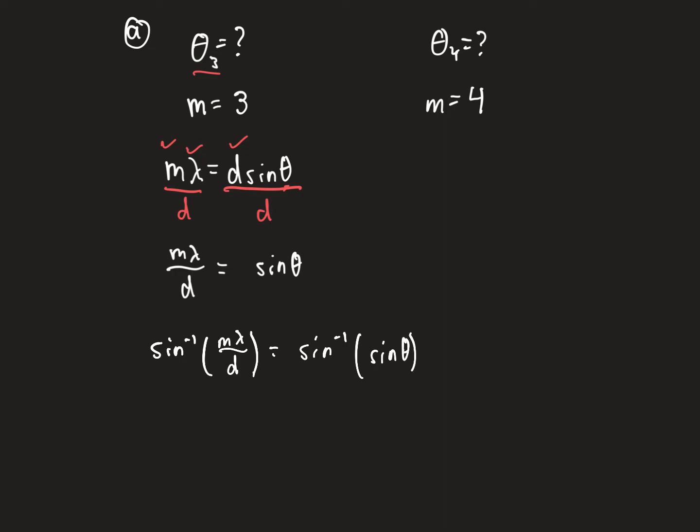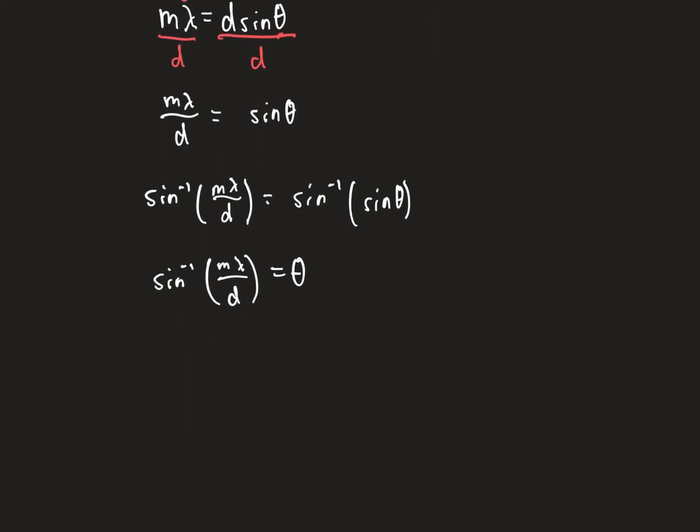I'm doing an extra step in there. You usually don't see this, but inverse sine of the sine is just the angle. So theta equals inverse sine of m times lambda divided by lowercase d.